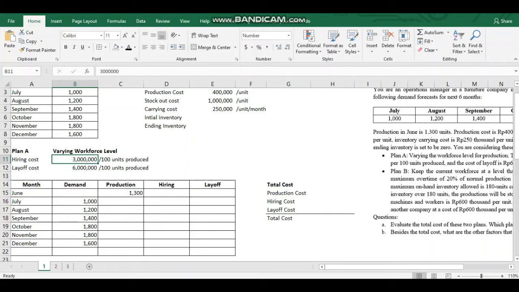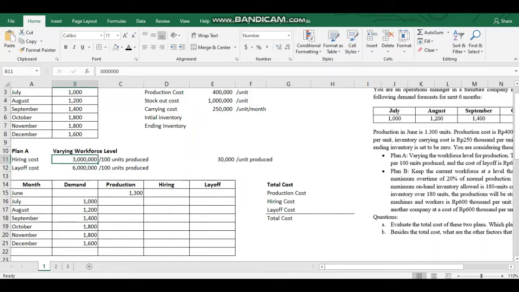Okay, next, the problem said the cost is per 100 units, so we have to make it per unit produced. Okay, so the hiring cost per unit produced is 30,000.